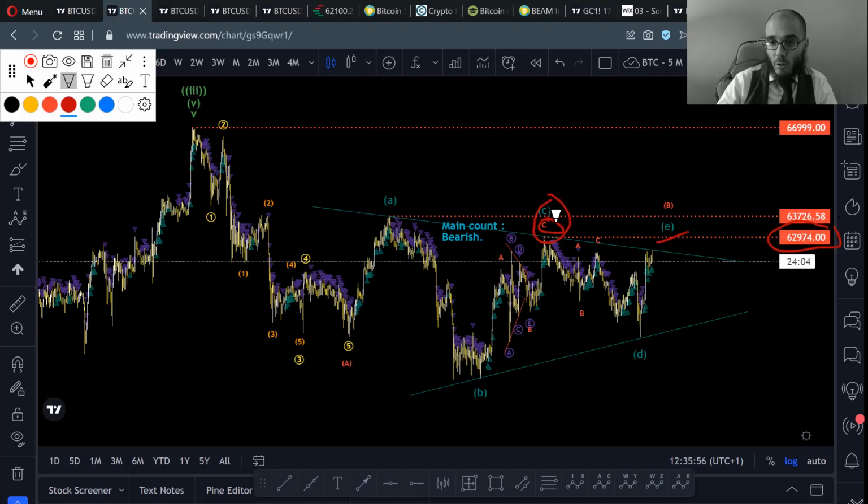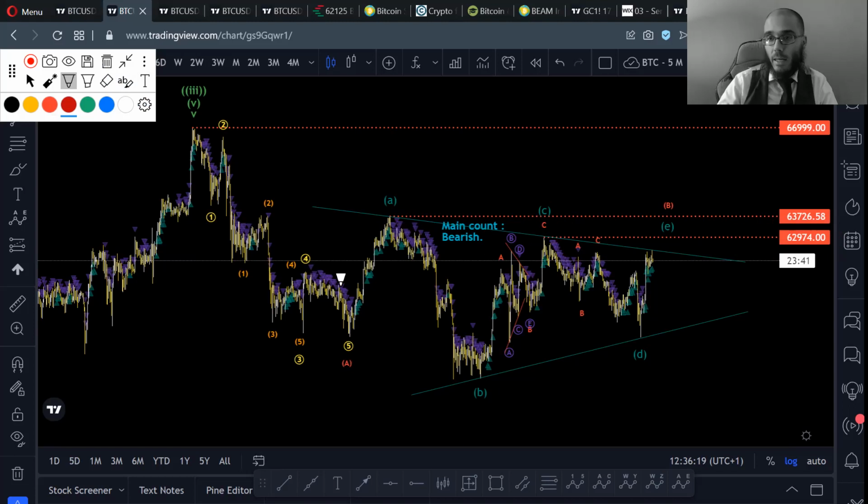So as soon as 62,974 breaks, I know that the triangle is not valid. It gets invalidated. Then I have to see if I can count it in a different manner in order to still keep the bearish count alive.